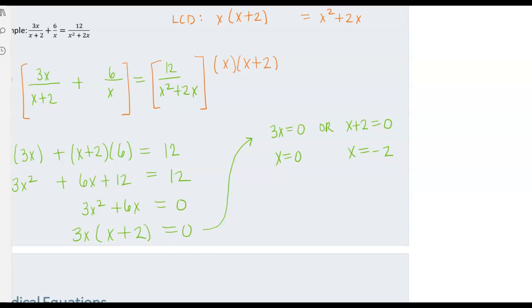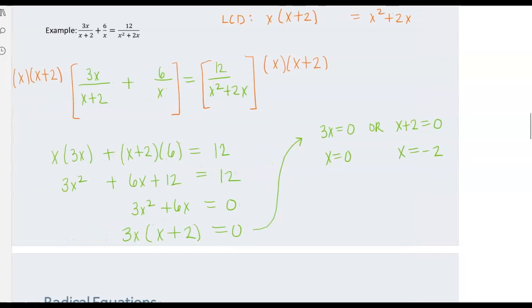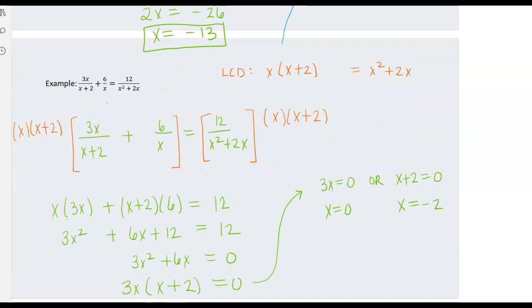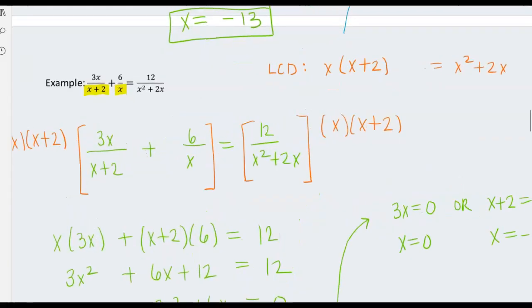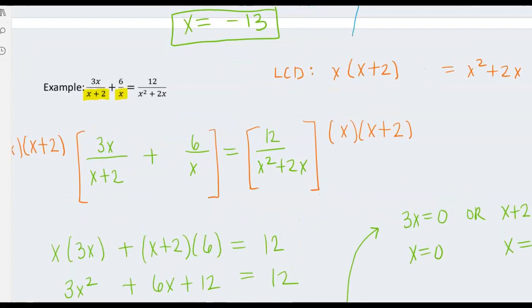Let's look back at our original equation. In this particular case, if I look at the denominators that I have, I'm not allowed to have x equaling 0, right? Because of the denominators that I have here. X cannot be equal to 0 because of this first fraction. And x can also not be equal to negative 2 because of this fraction.